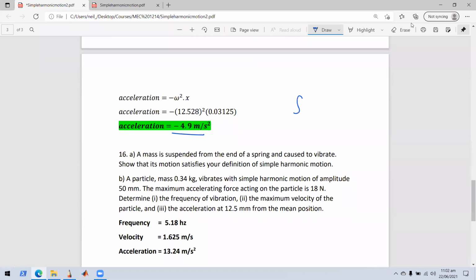This system is a simple harmonic motion system, and with that, we know acceleration is characterized by this formula: acceleration is equal to minus omega squared times x, where x is the position of the object, particle, or point from the center.